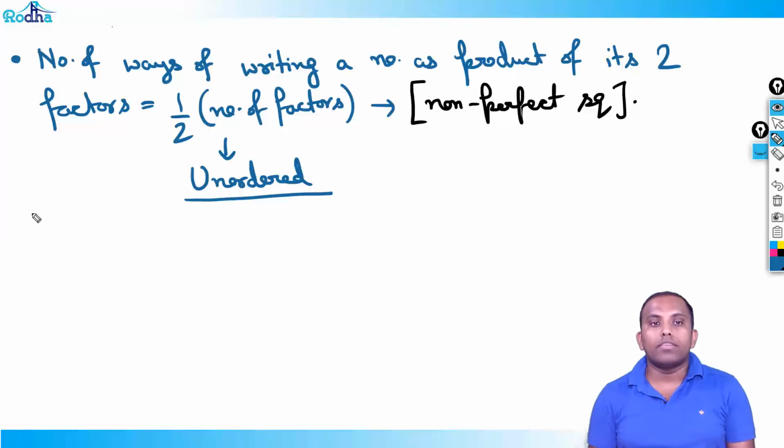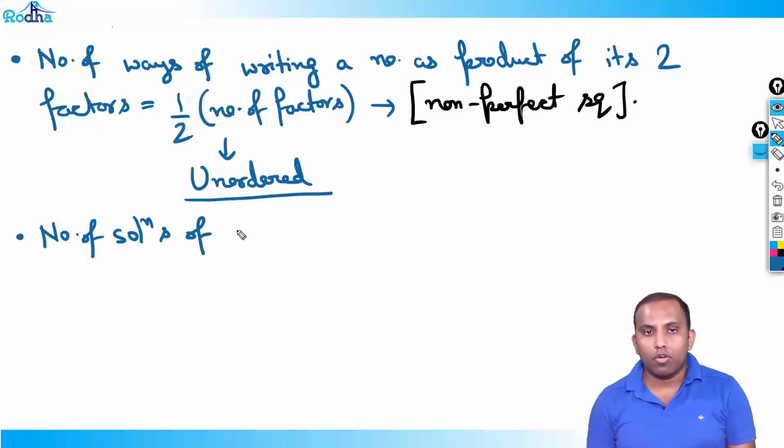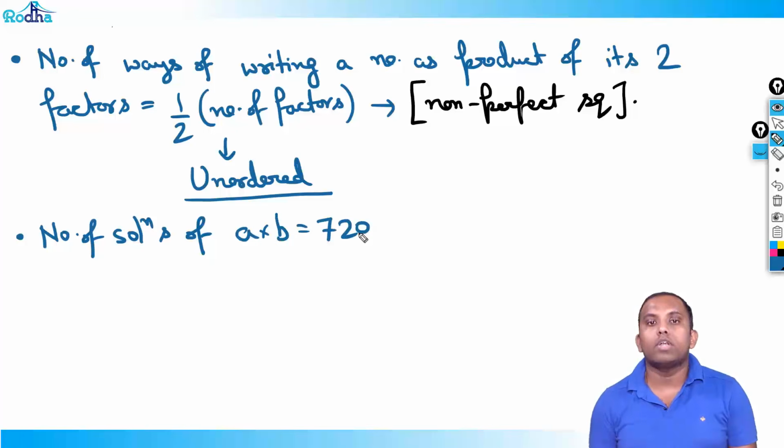And now if it is ordered, same as in the previous slide, if I write the number of solutions of a into b is equal to 720, where a, b are positive integers, right?